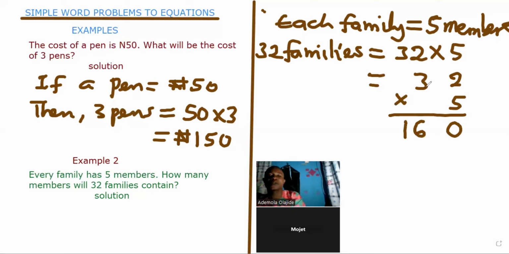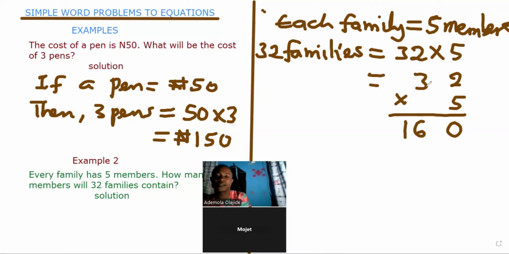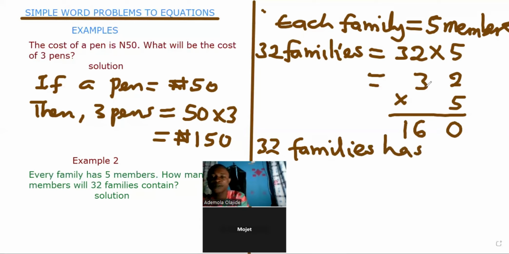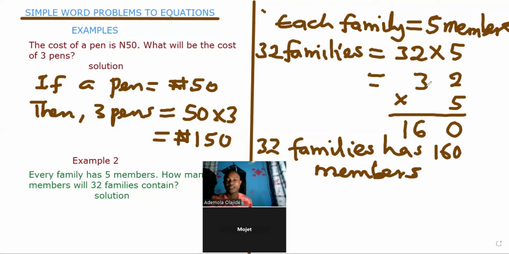So this implies that 32 families have 160 members. Is it clear? Yes. Okay.